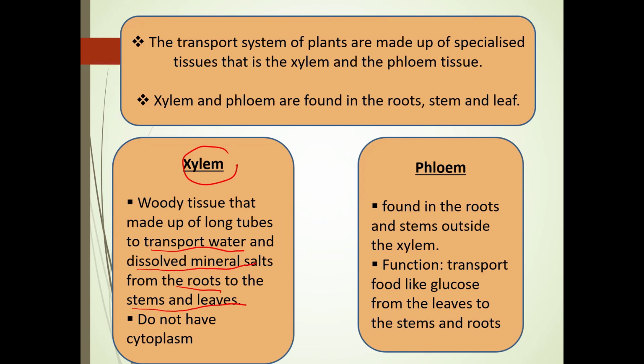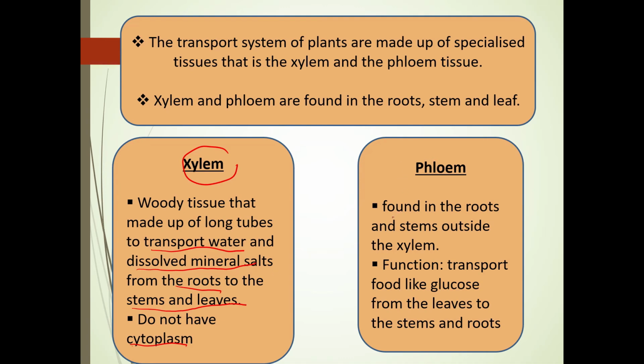So it can go to the stem, can go to the leaf, to bring the food and also water. And the xylem does not have cytoplasm. What is the cytoplasm? We already know the function: all the chemical reactions in plants happen at the cytoplasm.